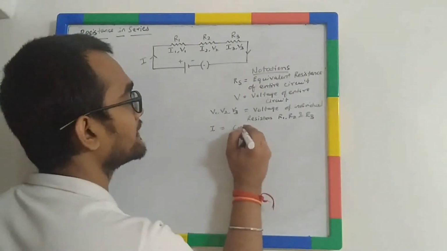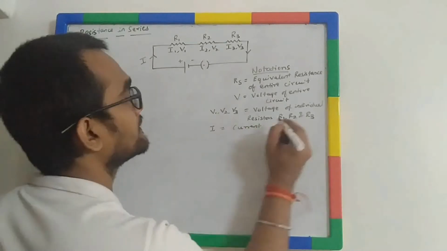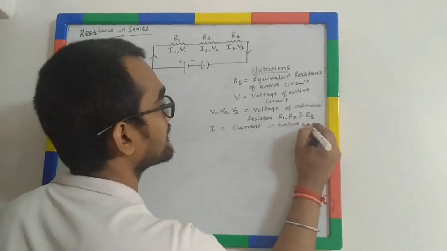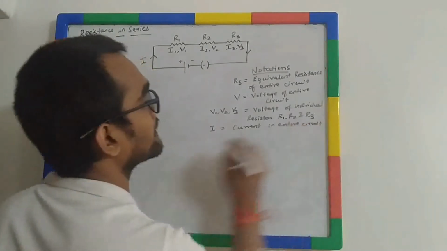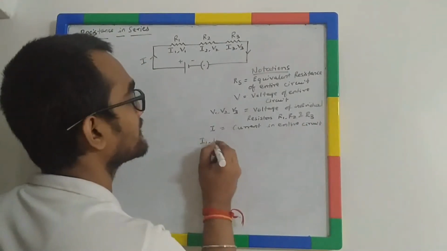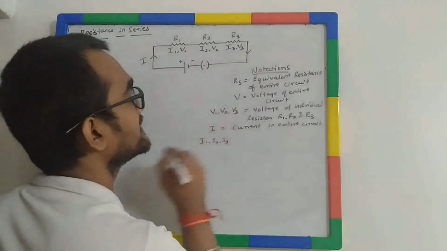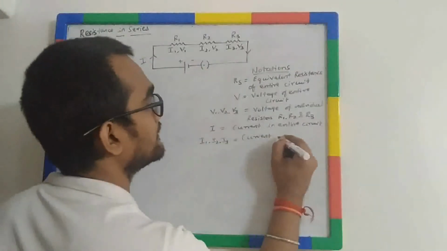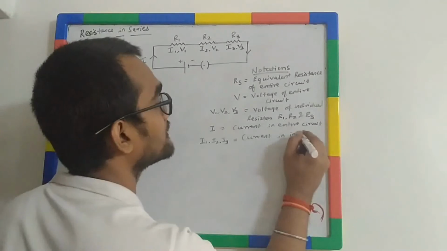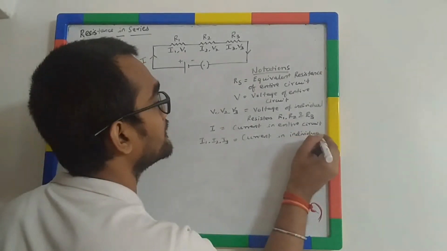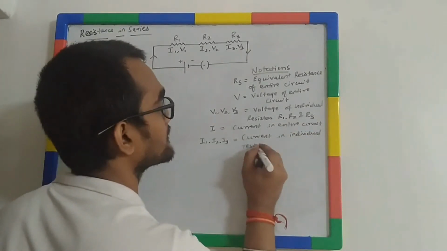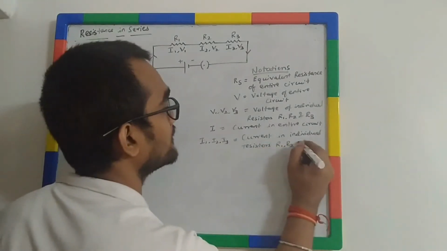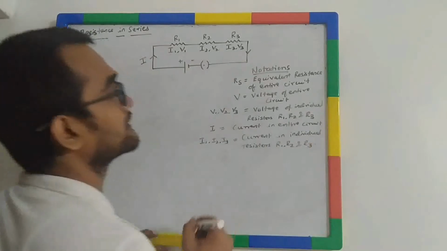I is the current in the entire circuit. I1, I2, I3 are the currents in individual resistors R1, R2 and R3.